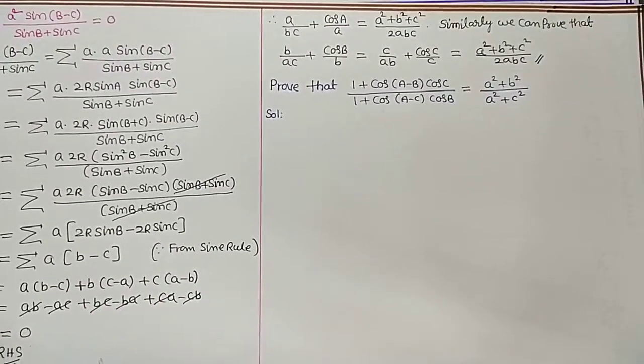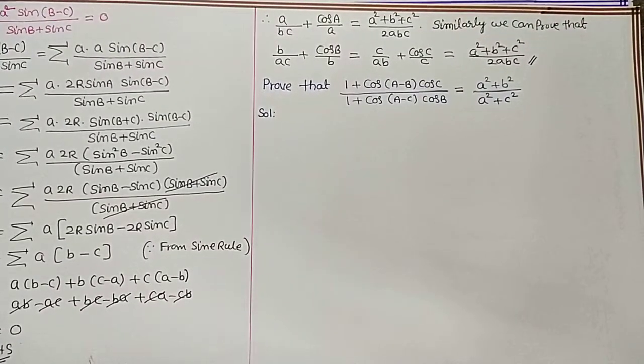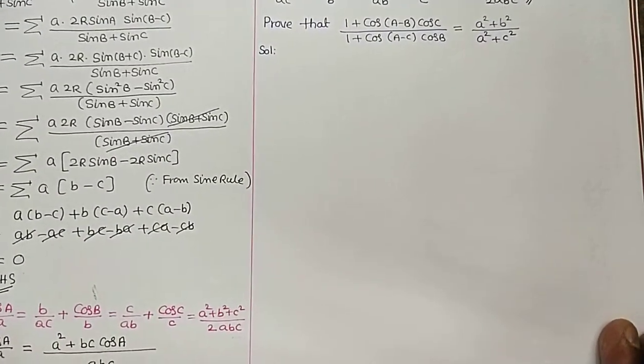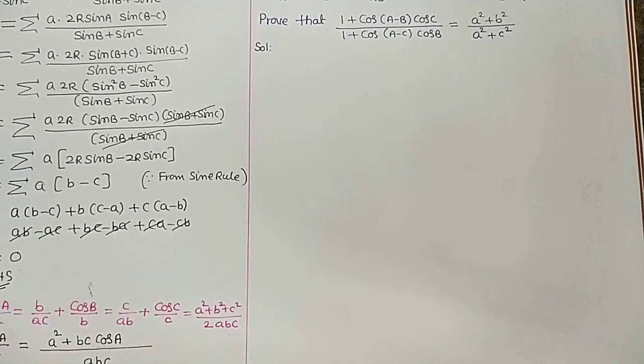Here I already wrote the question. Prove that 1 plus cos of A minus B into cos C divided by 1 plus cos of A minus C into cos B, which is equal to a square plus b square divided by a square plus c square.